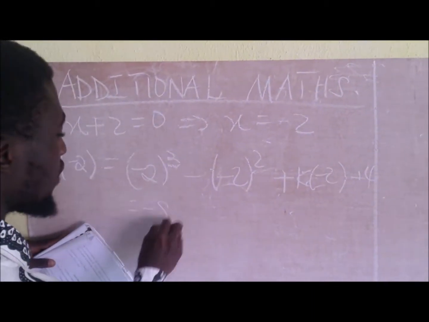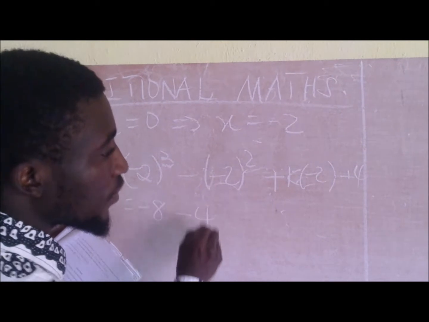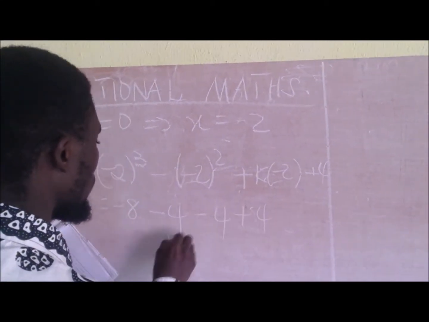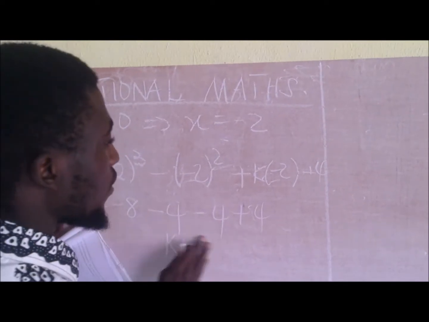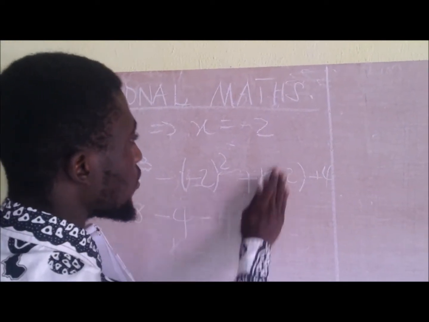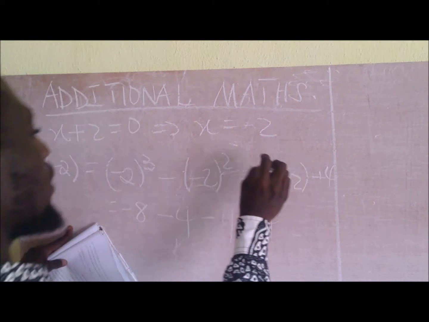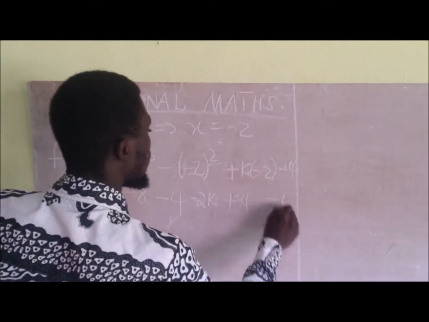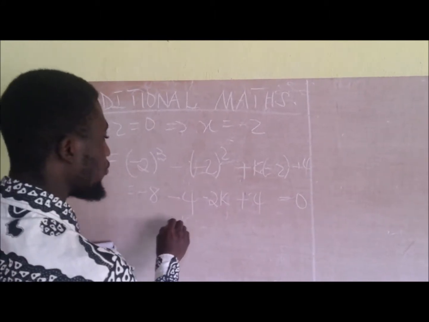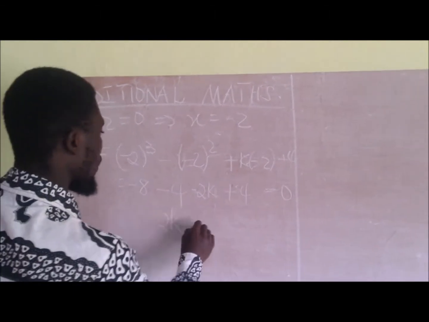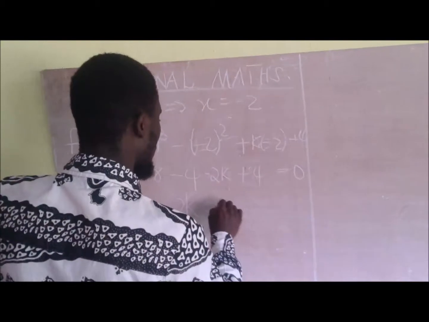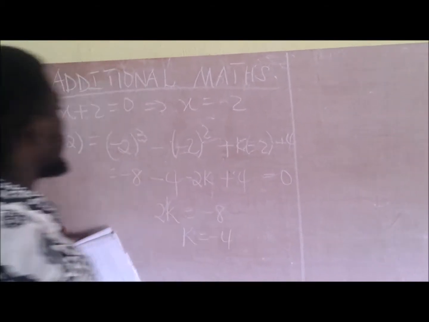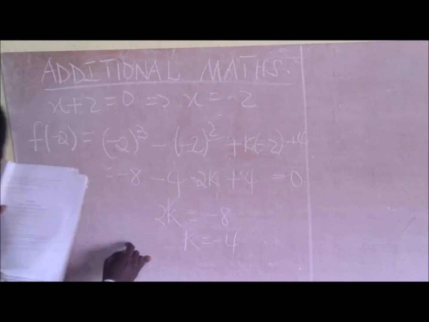So if I do that, I'm going to have negative 8 minus 4 plus 4. Therefore I have negative 2k equals 0. So from there 2k is equal to negative 8, and therefore k is going to be negative 4. So that's the value of k.